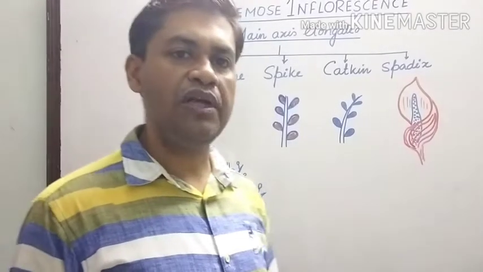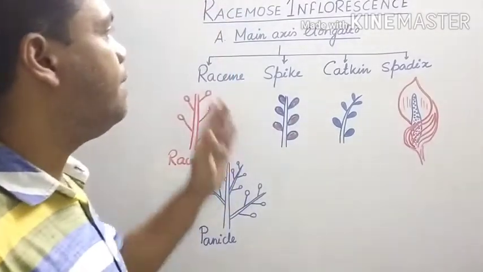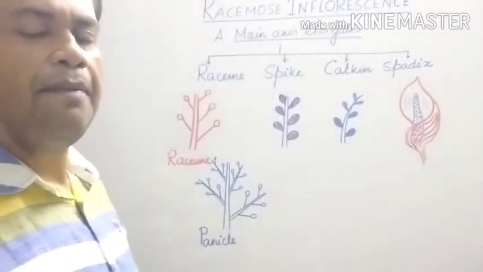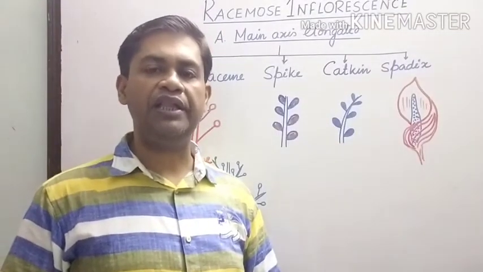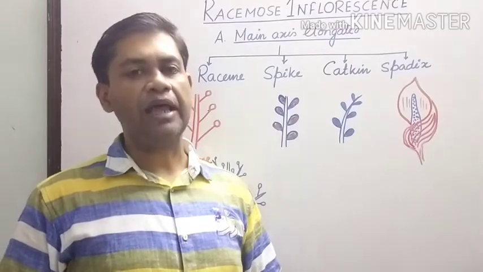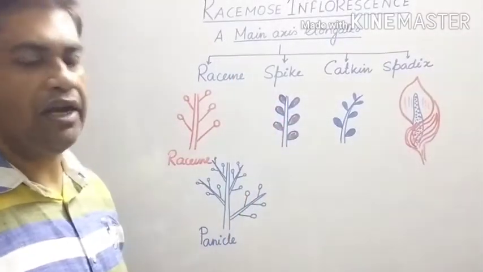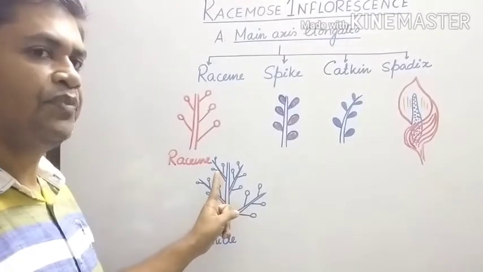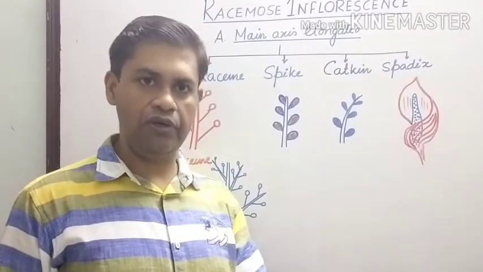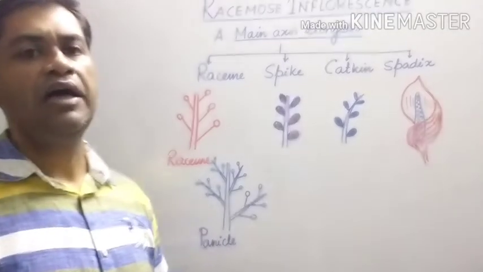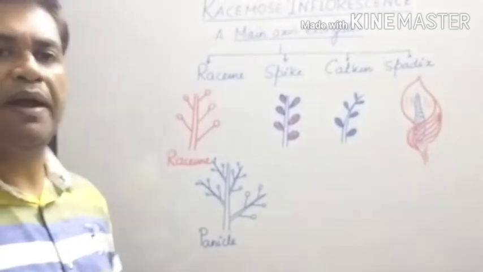And এই রেসিমোস ইনফ্লোরেসেন্সকে আমরা চারটা ব্রড টাইপে ভাগ করতে পারি: মেইন এক্সিস ইলংগেটেড, মেইন এক্সিস শর্টেন্ড, মেইন এক্সিস সাপ্রেসড এন্ড দ্য মেইন এক্সিস ফ্ল্যাটেন্ড। তার মধ্যে আমরা সবচেয়ে প্রথম শুরু করছি মেইন এক্সিস ইলংগেটেড। The main axis is elongated and it is basically of four different types. For your syllabus, these are the raceme, spike, catkin and spadix.